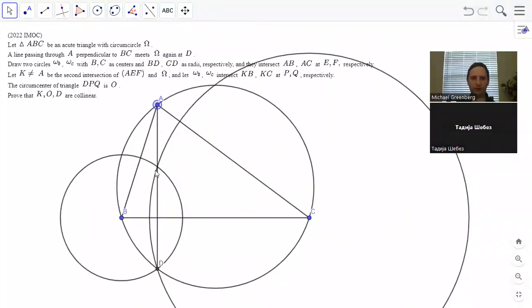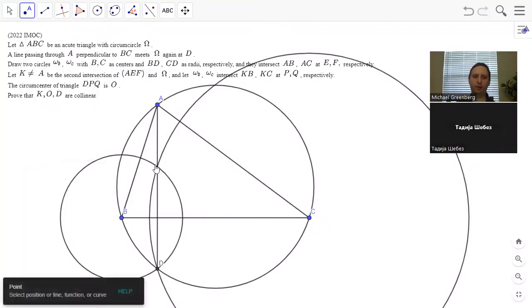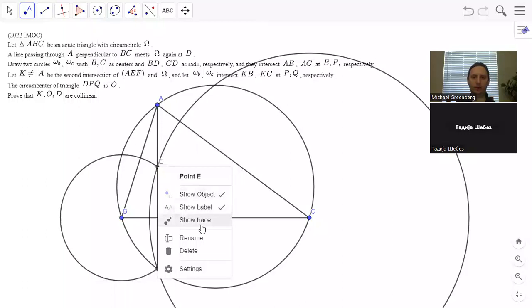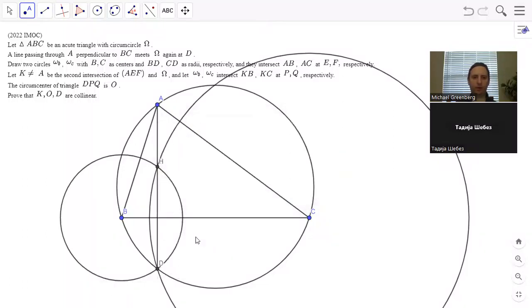So really just, let's see. It's kind of interesting because these circles are going to intersect here because we know at the orthocenter. So basically, we let H be the orthocenter, and not only that, CH and E are going to be collinear.